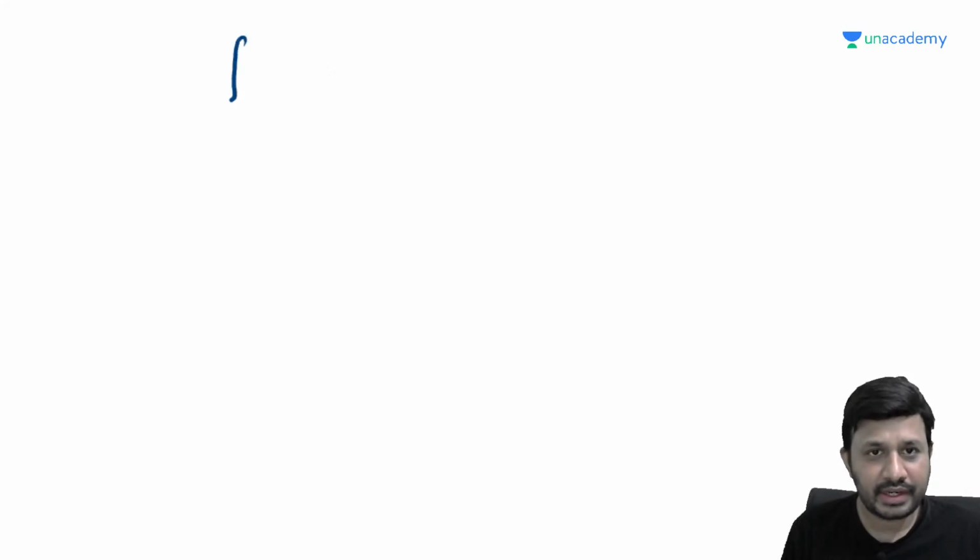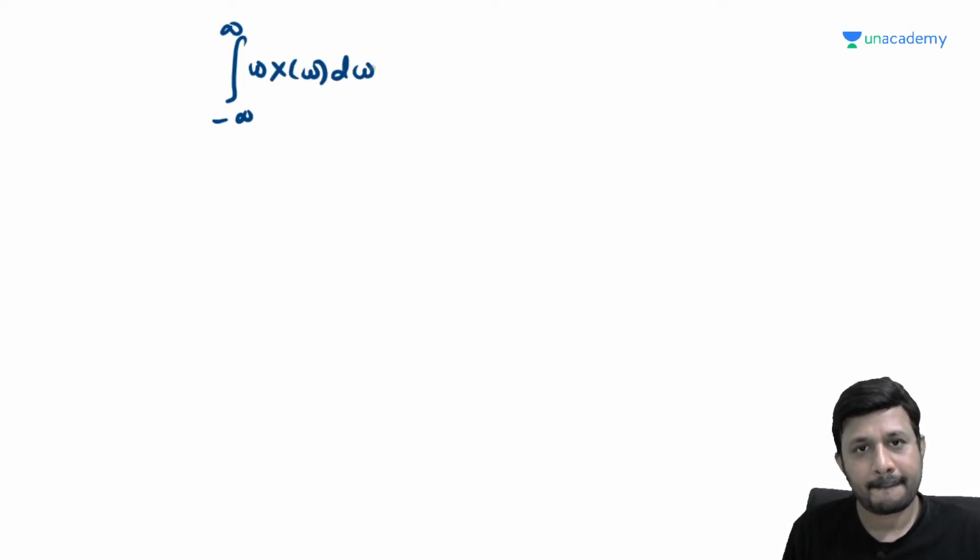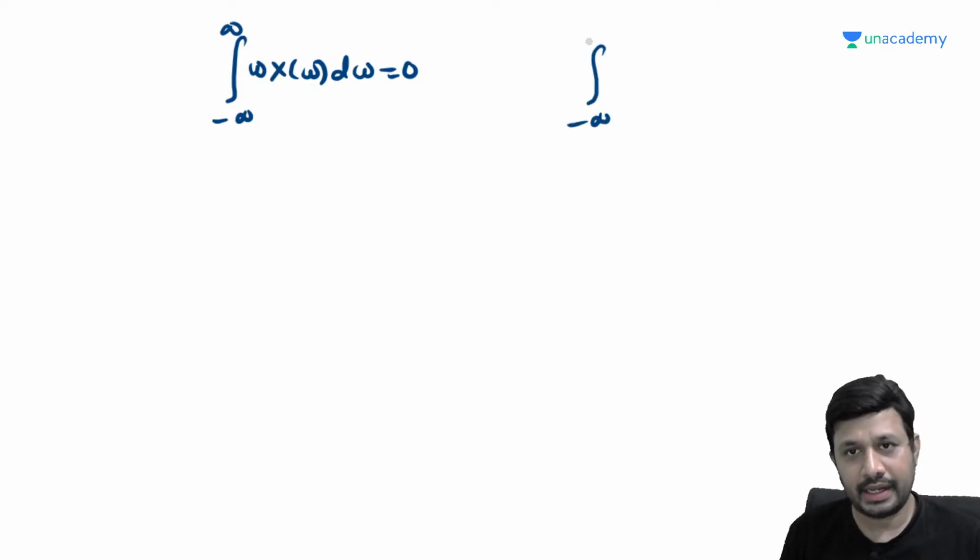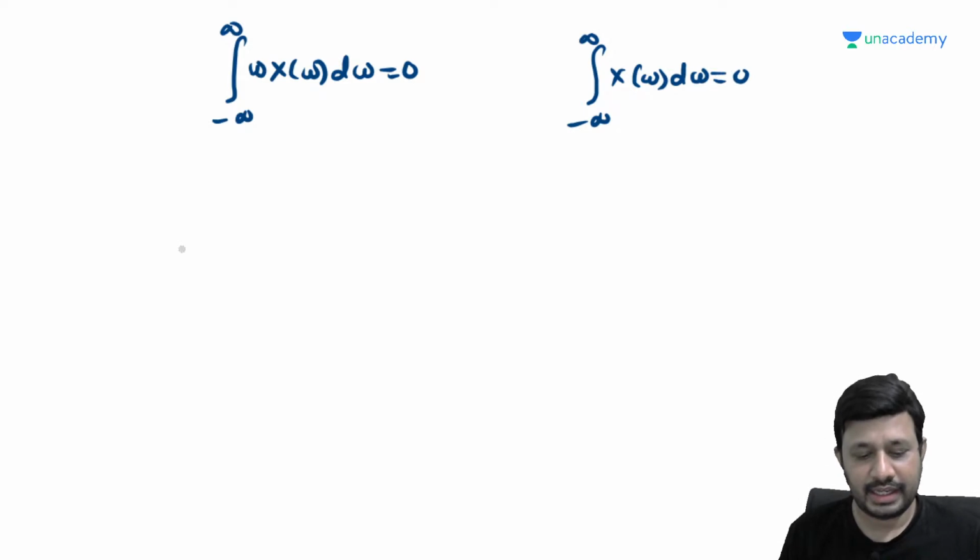What is the condition? Observe here. The area under X of omega d omega equal to 0 means what we got?